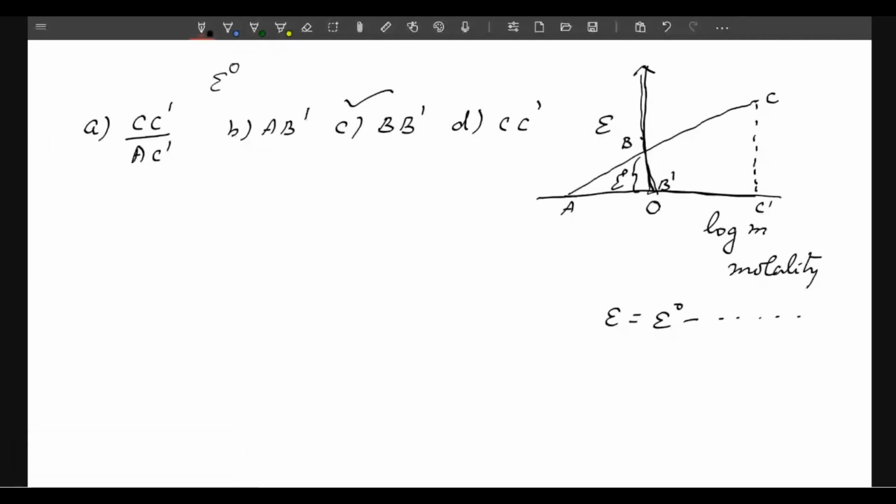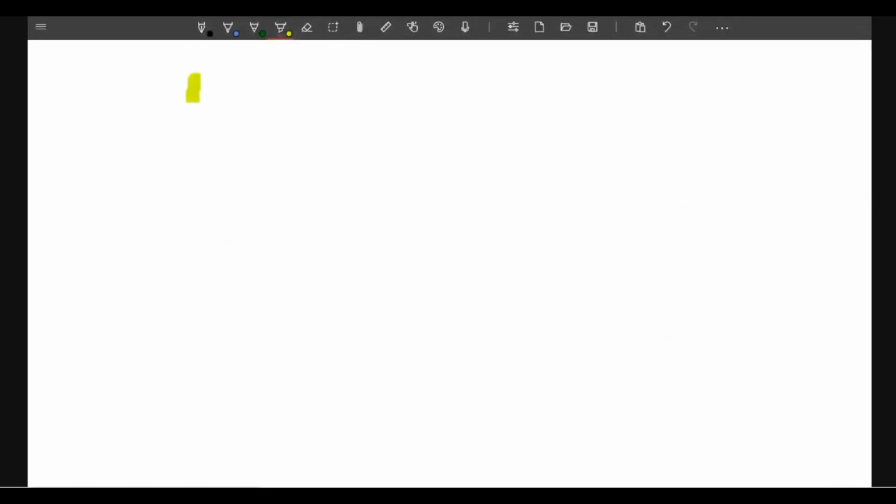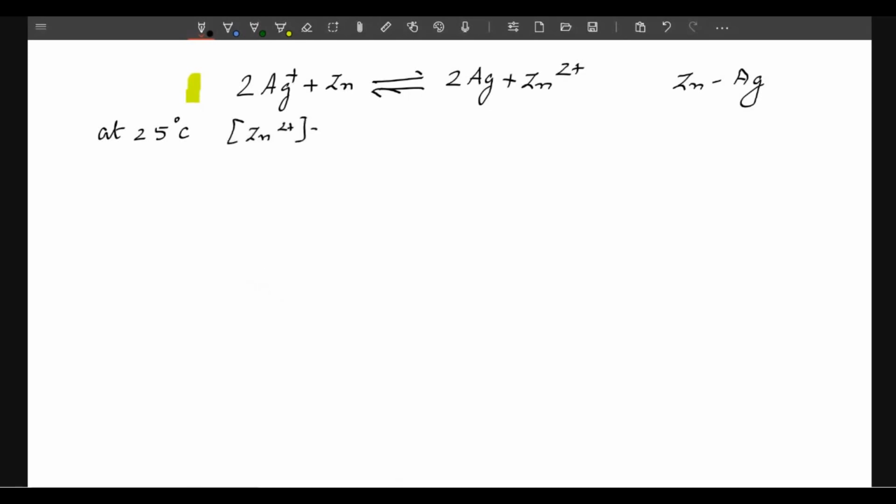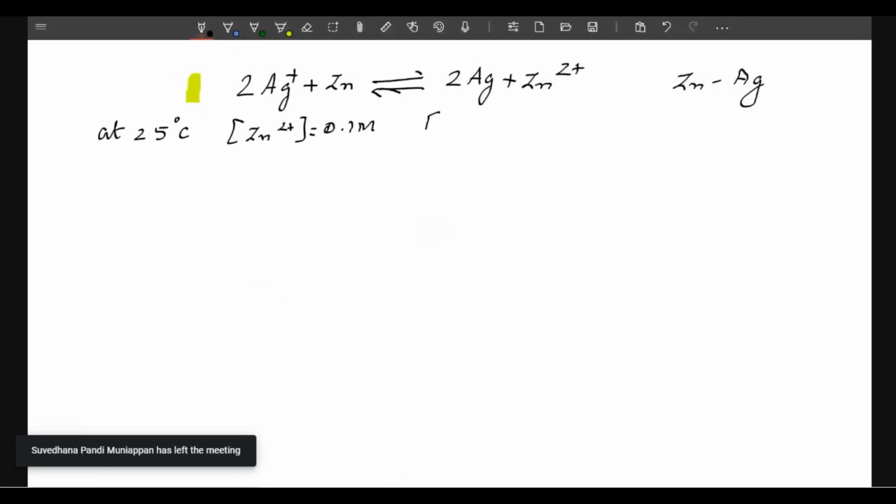Calculate the equilibrium constant for the cell reaction 2Ag plus Zn, reversible arrow, 2Ag plus Zn2 plus, occurring in a zinc-silver cell at 25 degrees centigrade, when the concentration of Zn2 plus is equal to 0.1 molar and the concentration of Ag plus is equal to 1 molar.